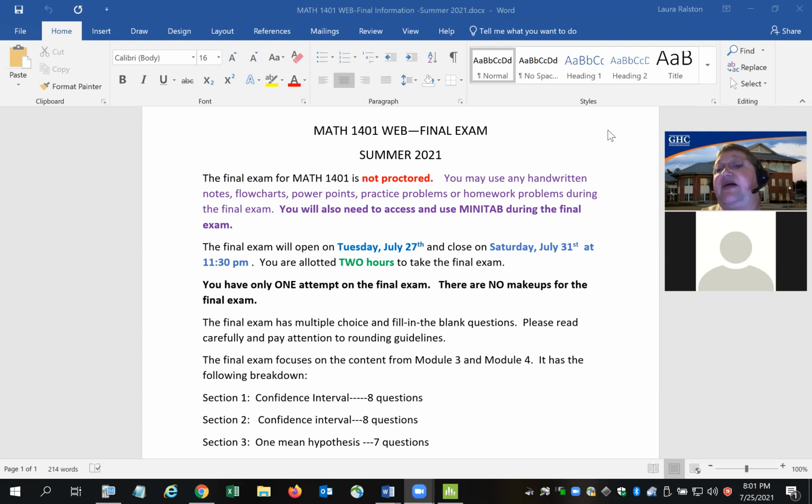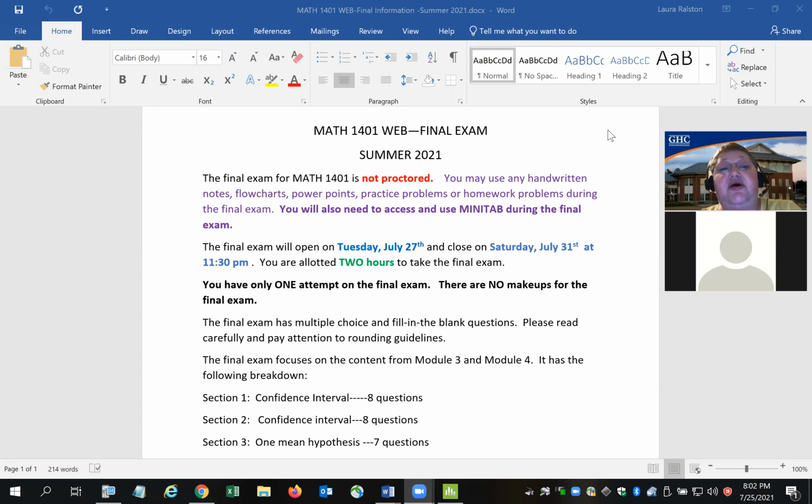First of all, the final exam for Math 1401 is not proctored, which means you do not have to use Respondus Lockdown Browser. You can use any handwritten notes, the flowcharts, the PowerPoints, the practice problems, or the homework problems that you've had access to within the course during the final exam.